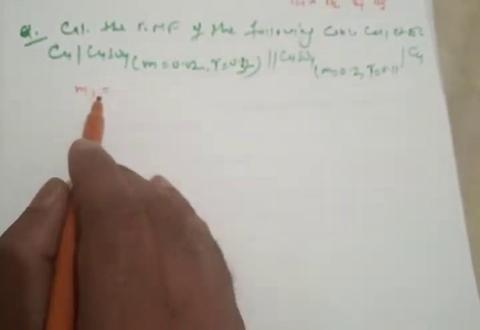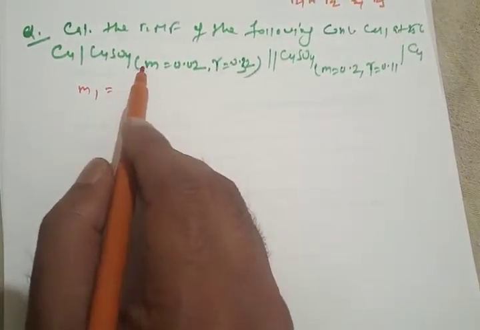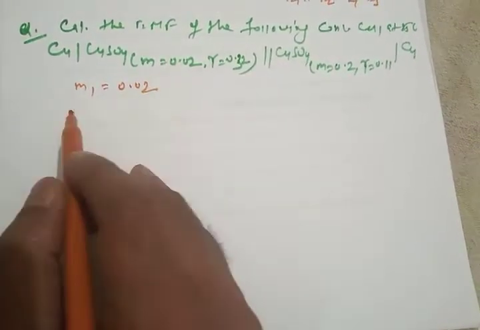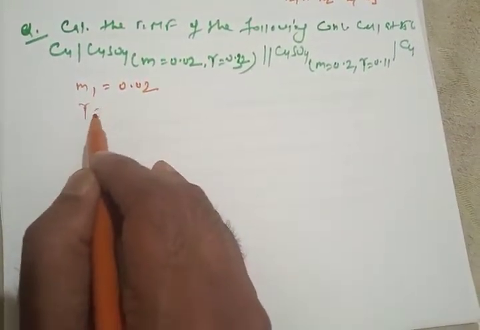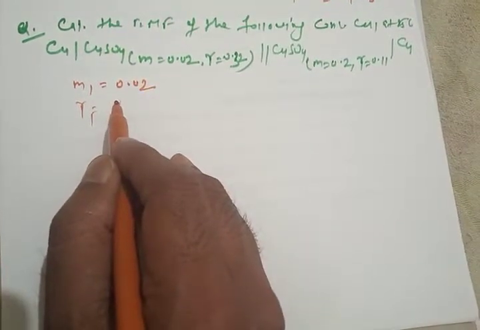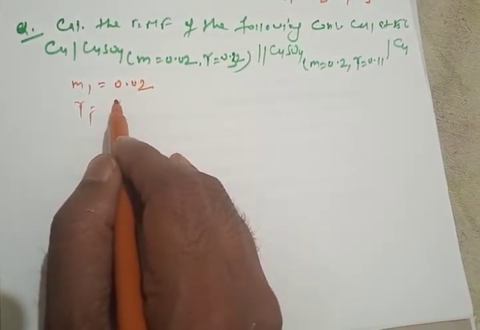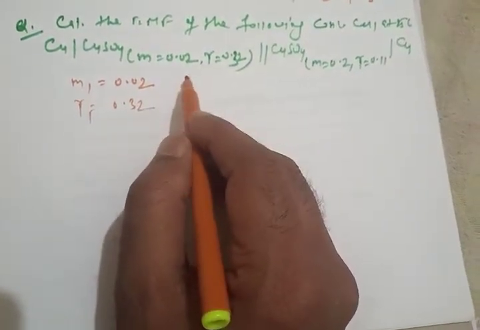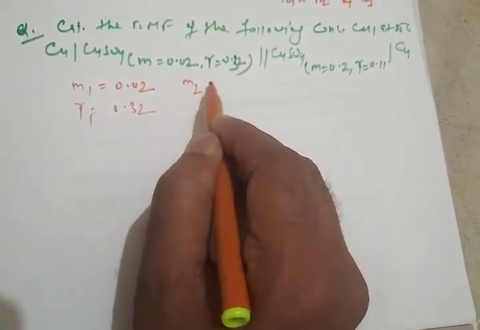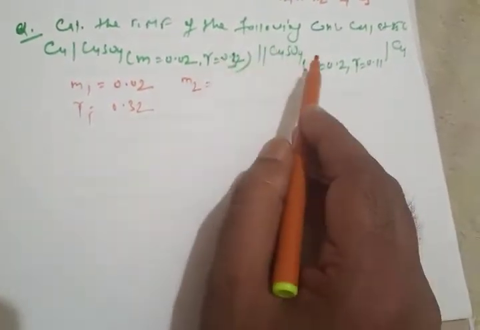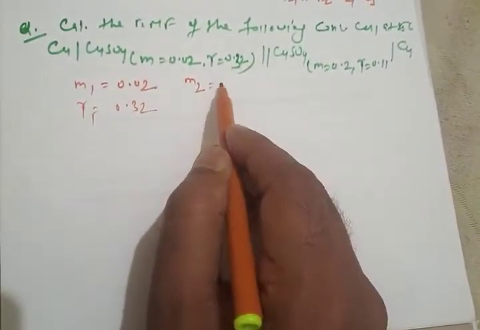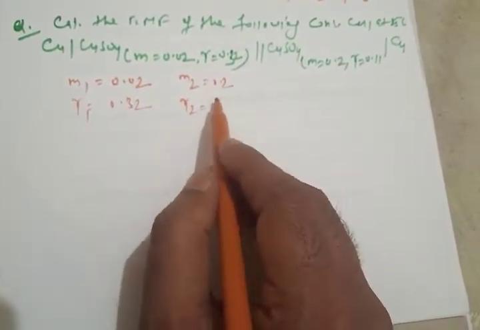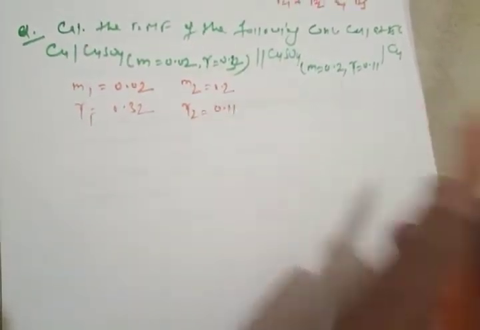So I am writing m1 here, that is 0.02, then gamma 1, that is 0.32, and then you have given m2. So m2 here again 0.2, and gamma 2, so this is 0.11.